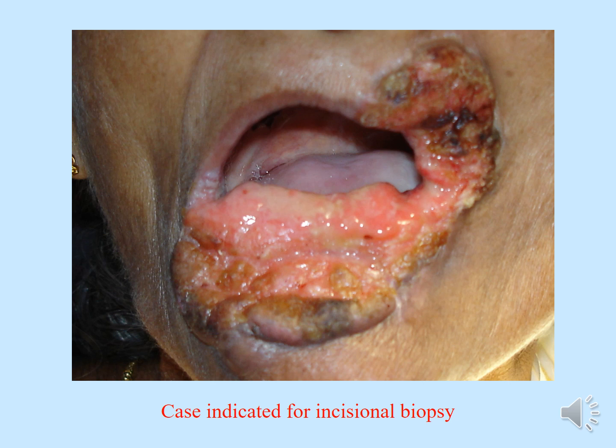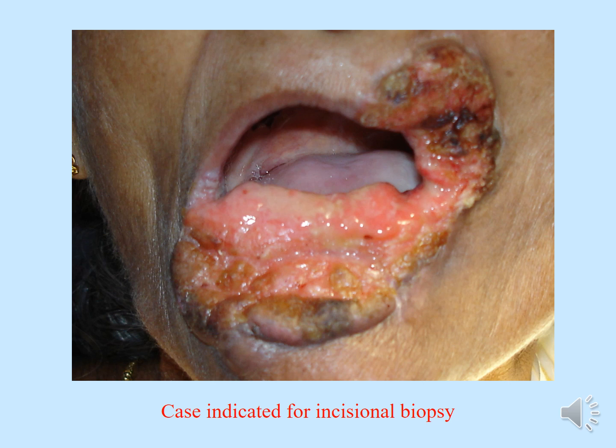This is a picture from my days of training, wherein a 65-year-old lady came to the dental office with a large ulcerative lesion on the lip, extending from the lower lip right onto the left side of the upper lip. This is a huge lesion.